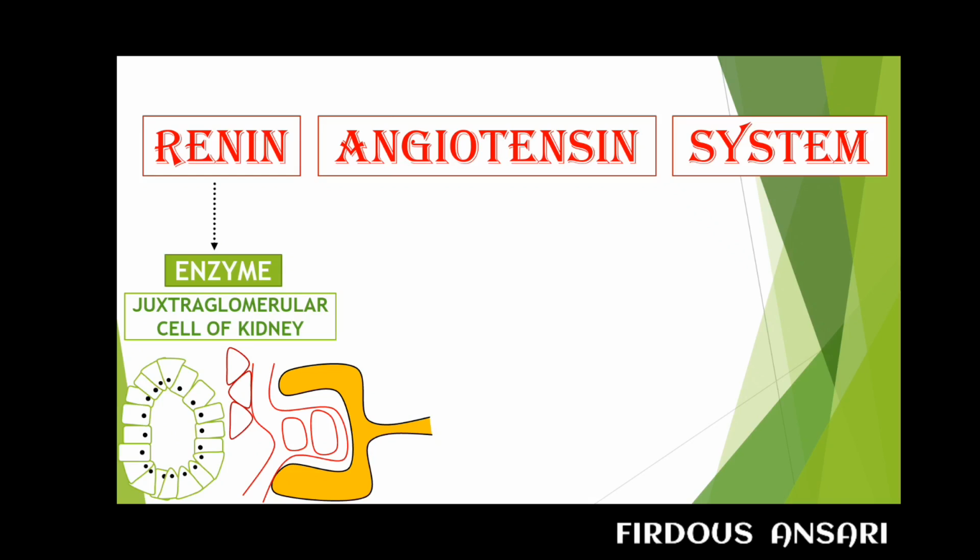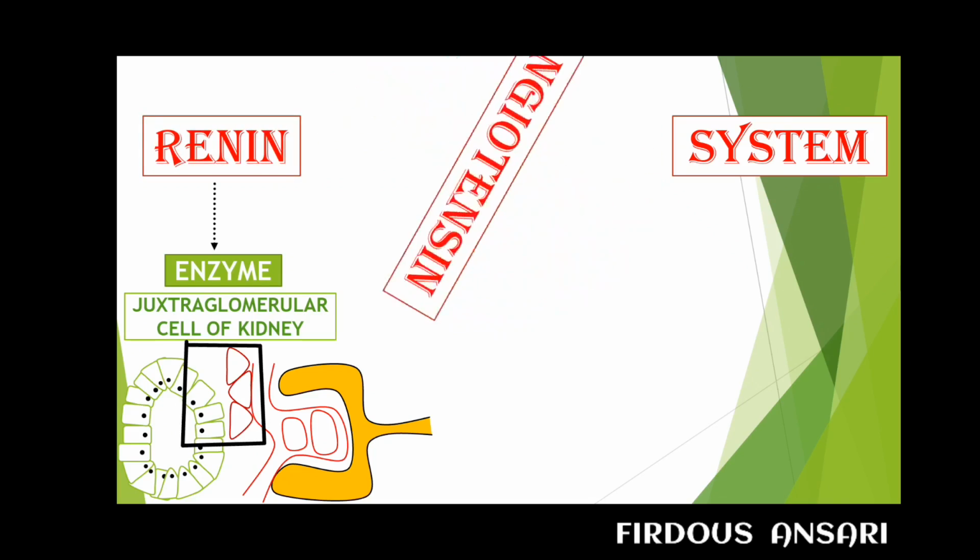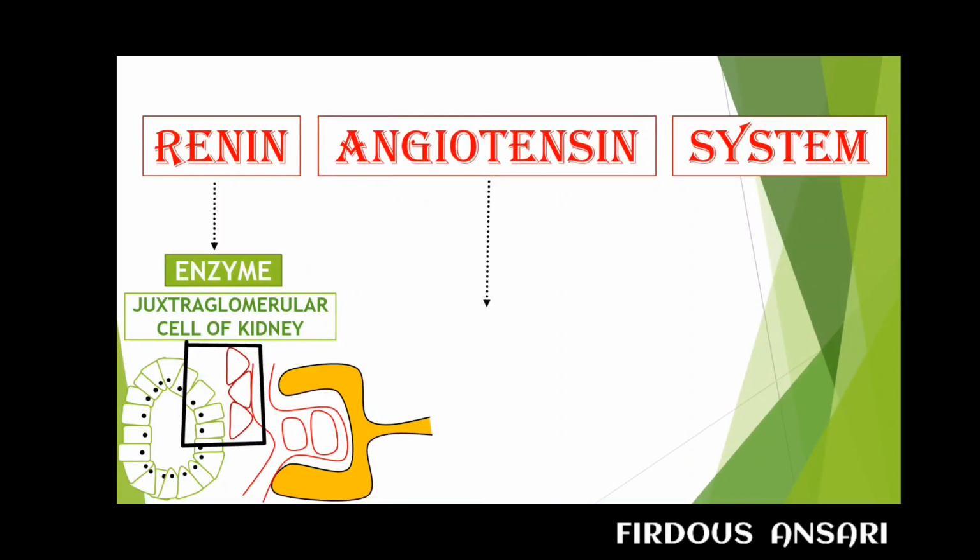The macula densa, the specialized cells present on the distal convoluted tubule, and the baroreceptor of the afferent arteriole together form the juxtaglomerular apparatus, and over here resides your enzyme renin. Next, angiotensin. Angiotensin is a polypeptide which step by step will be converted into a very potent vasoconstrictor.